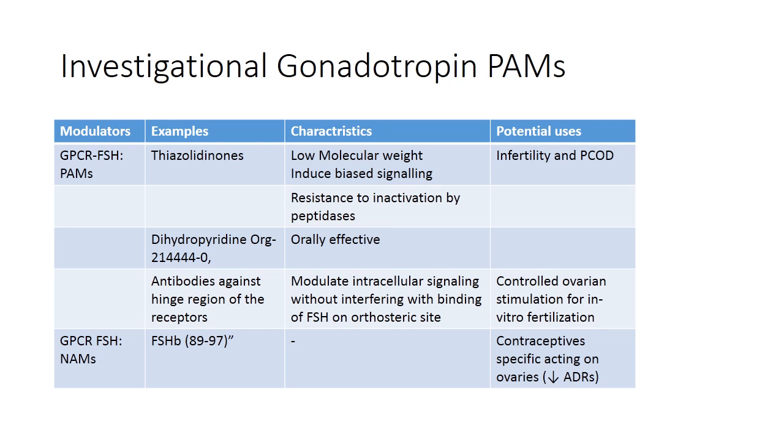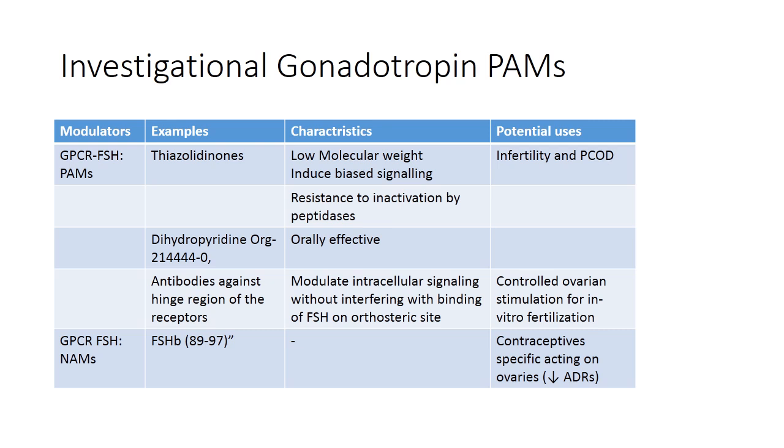Investigational gonadotropin PAMs are actually many: thiazolidinones, dihydropyridine derivatives and antibodies. They are being investigated as preferential drugs for infertility, polycystic ovarian disease, and to produce controlled ovarian stimulation for in vitro fertilization.